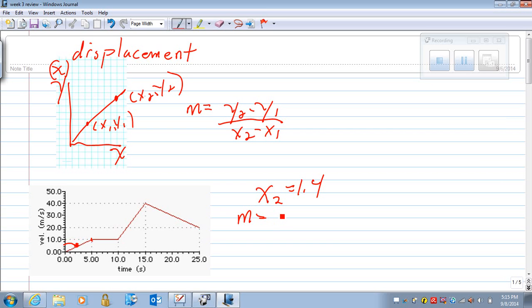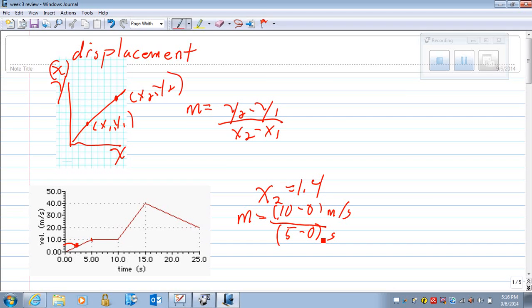So when we took y2 minus y1, it would be 10 minus 0 over 5 minus 0, and of course those units are meters per second.